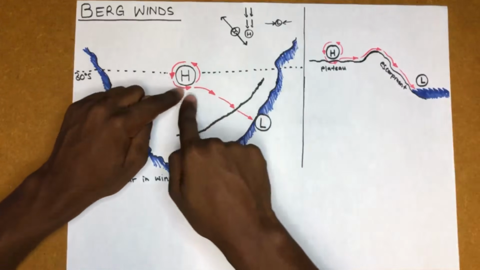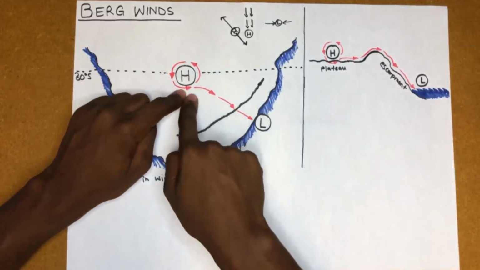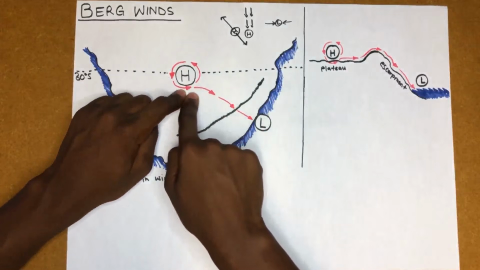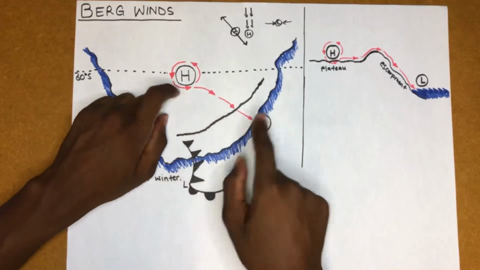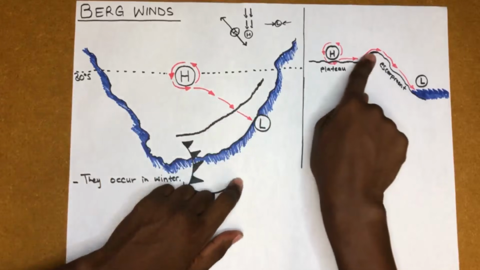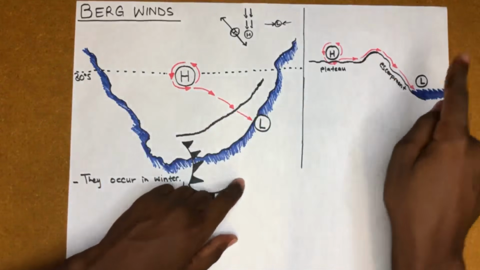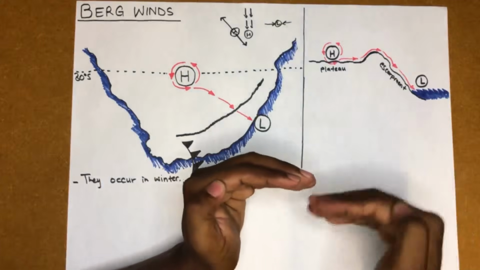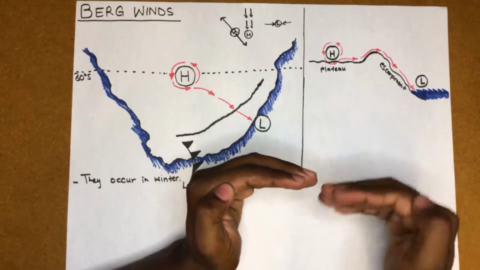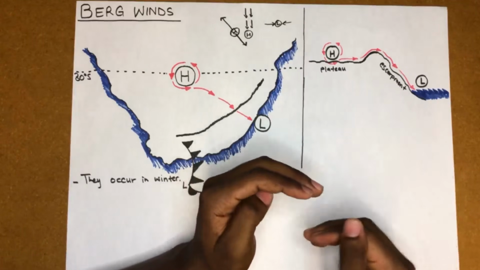So as these winds move from the continental areas down the escarpment, you can clearly see that as you're moving down the escarpment, the height above sea level decreases.